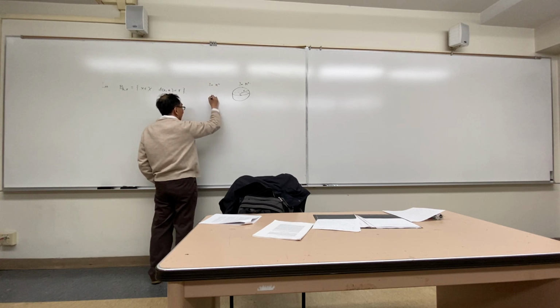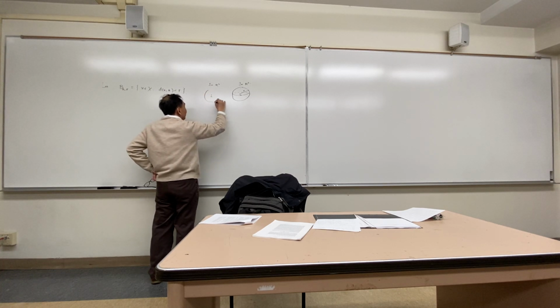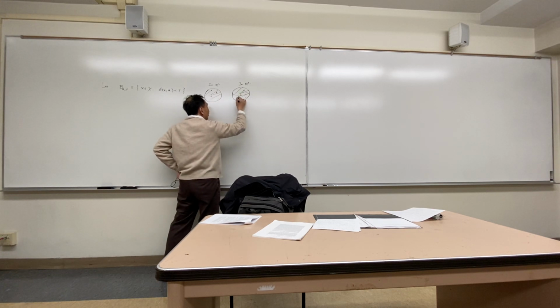A circle, center A, right? And then you have a point such that the distance between A and the point is less than r, which is inside of the circle. And then this is the inside of the ball.